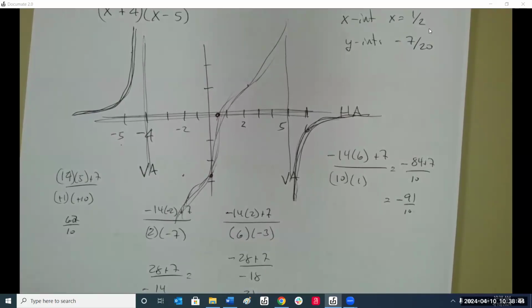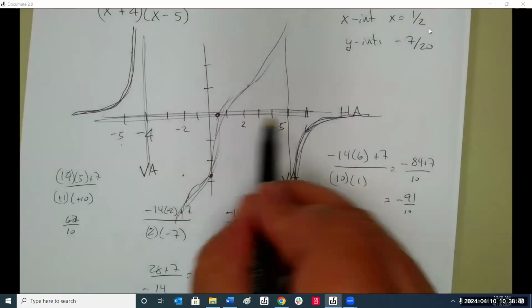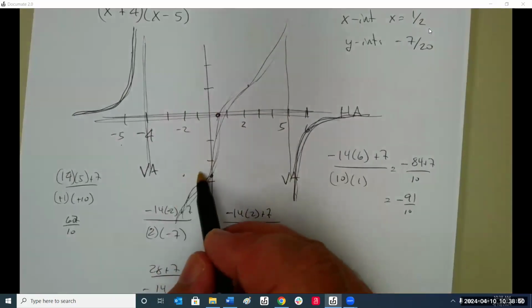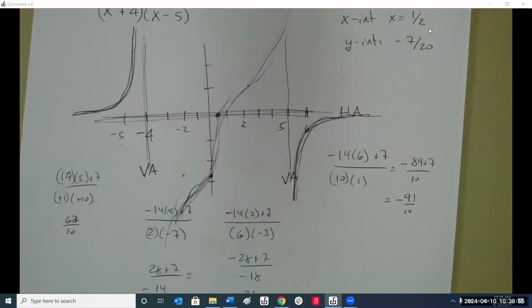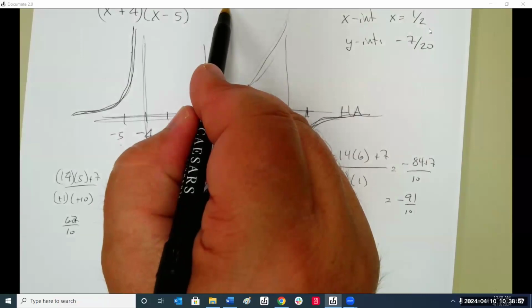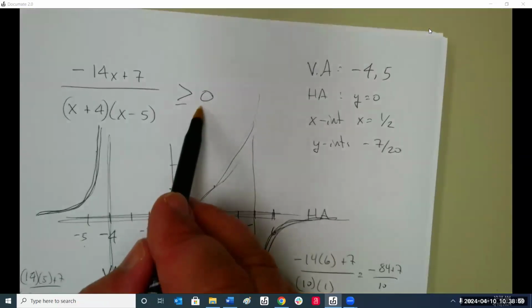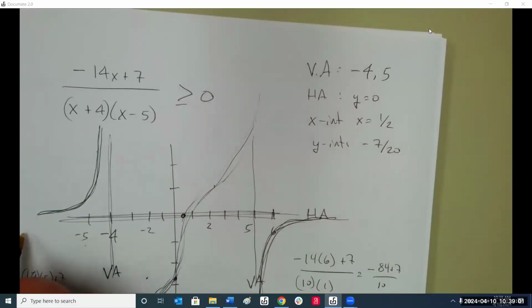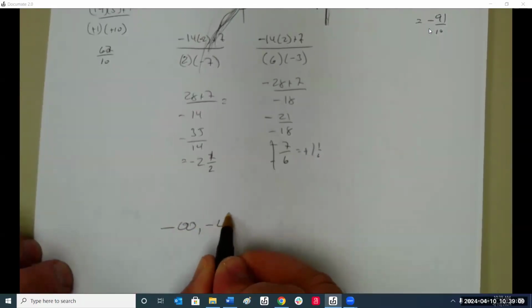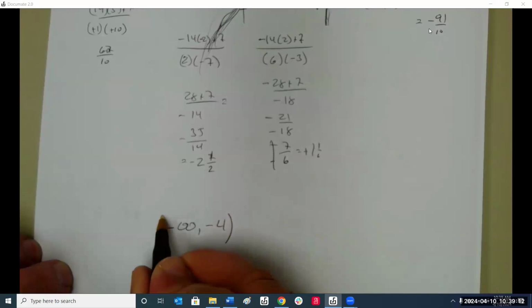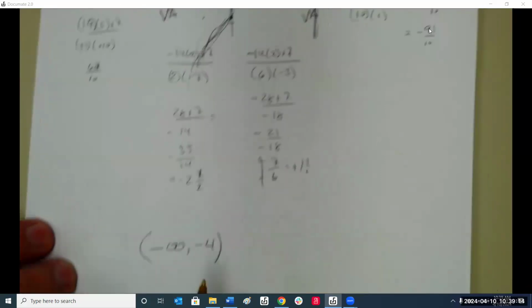Yeah. Visualize this. As it gets closer to here, it's going down. As it's going here, it's going up. So what we're looking for is where it's above the x-axis. So it's above the x-axis from negative infinity to negative 4. Negative 4 has to be a parenthesis because it's an asymptote.